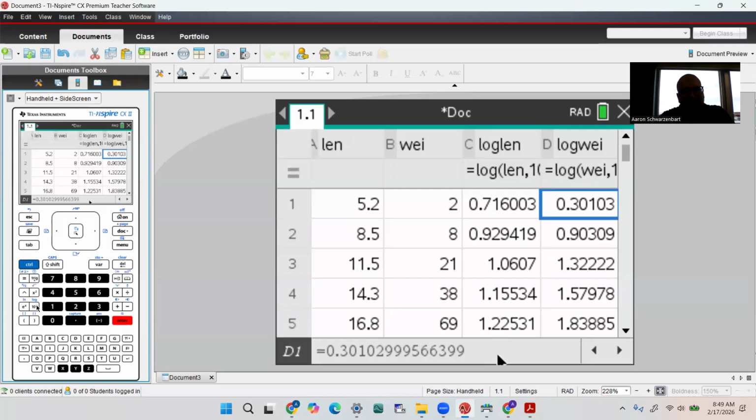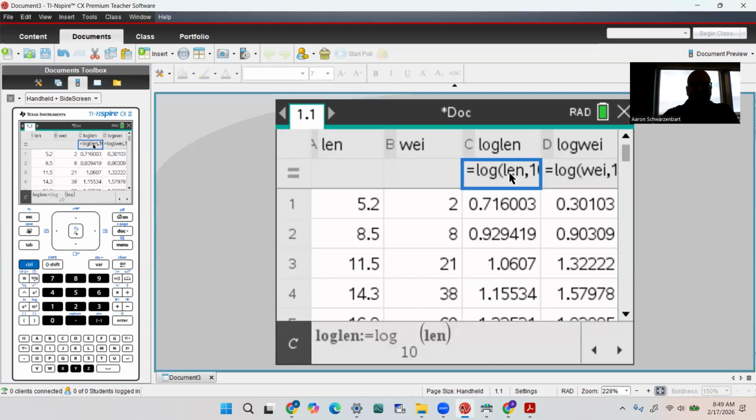And then I logged both axes. So I made a log length column and a log weight column. And you can see kind of the formulas down here at the bottom.